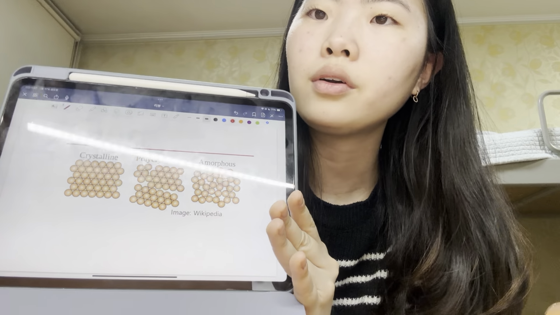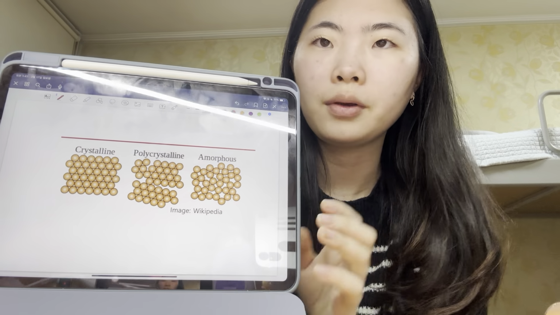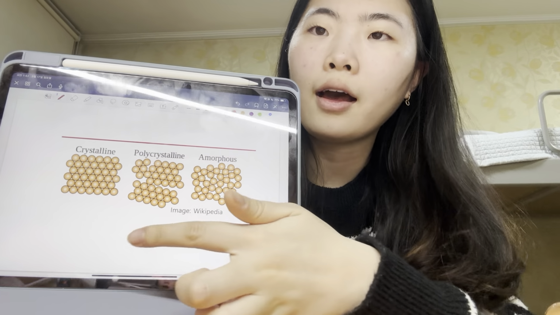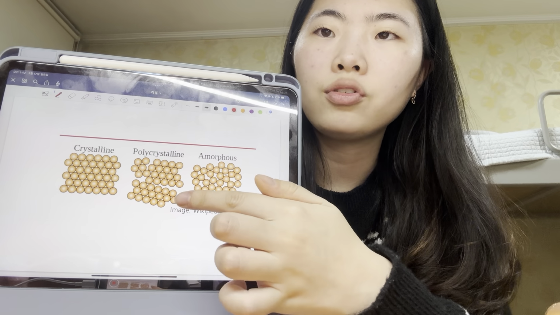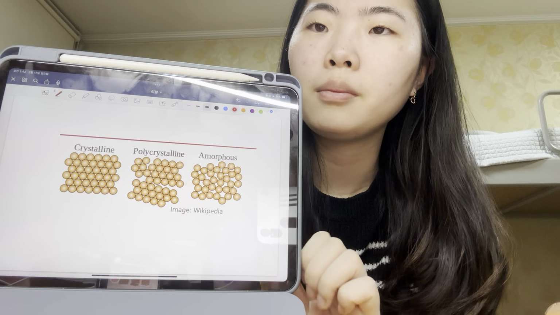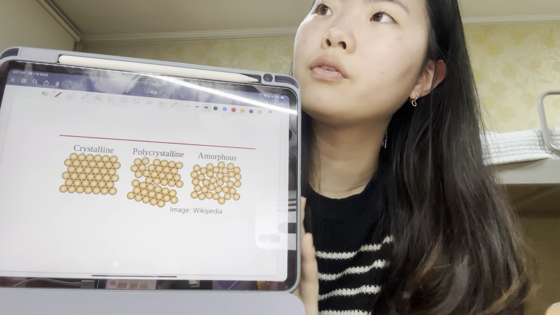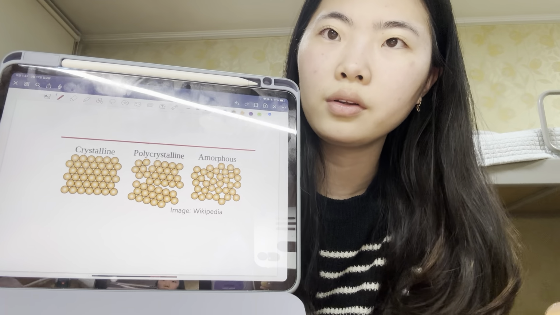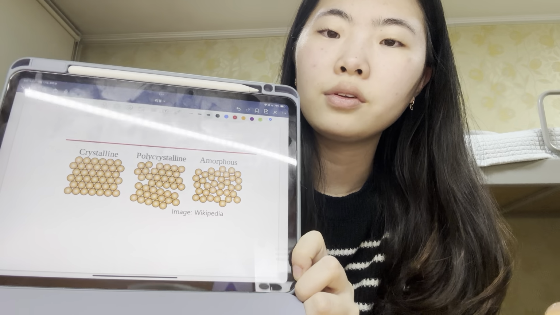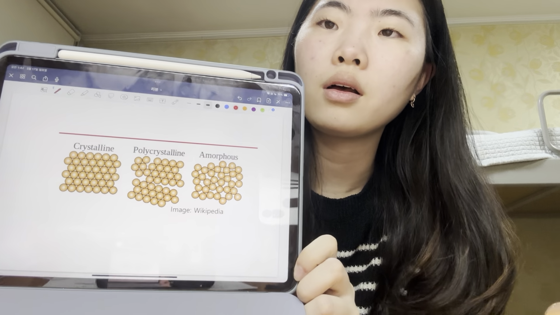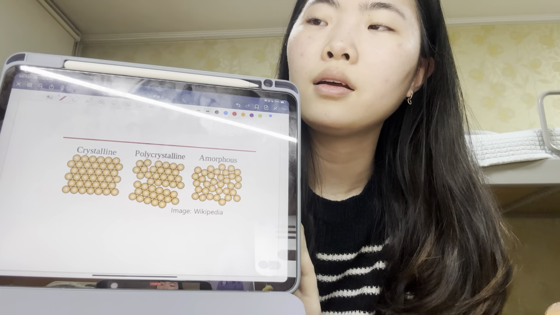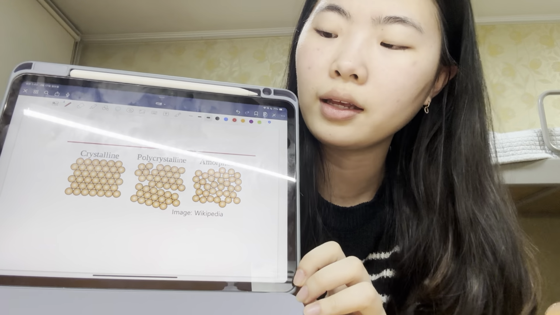But polycrystalline has a grain boundary on each side, but that's okay because the current can flow well in here, although slower than crystalline.